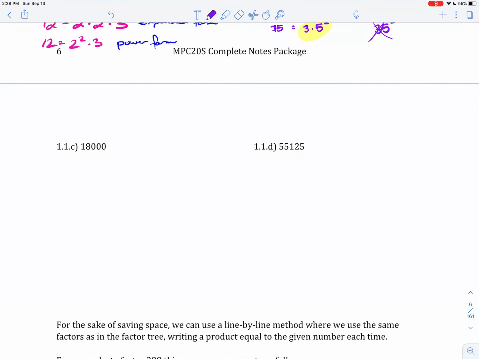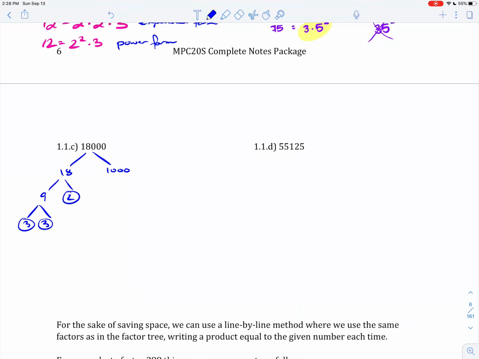Okay. Ooh, 18,000. There's so many things this could be. I see 18 and 1,000. So that's what I'm going to go with. 18, maybe that's like 9 and 2. And I'm just going to keep breaking this side down until it's completely done.